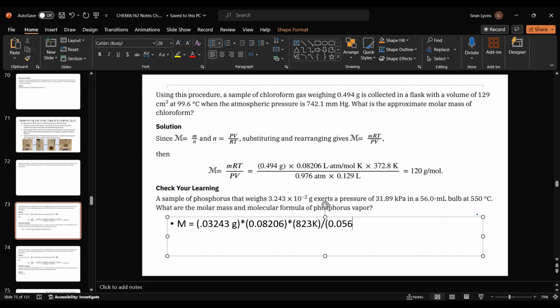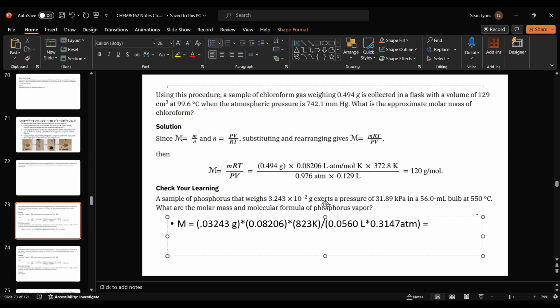So that'll be 0.0560 liters. So with the kilopascals, if you don't remember the conversion for this one, we'll have it on a quiz or a test. But it's going to be 101.325 kilopascals for every atmosphere. So we'll divide 31.89 by 101.325, and we'll get 0.3147 atmospheres.